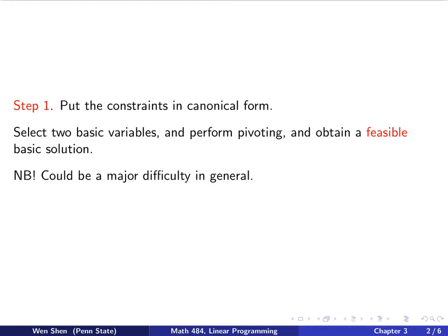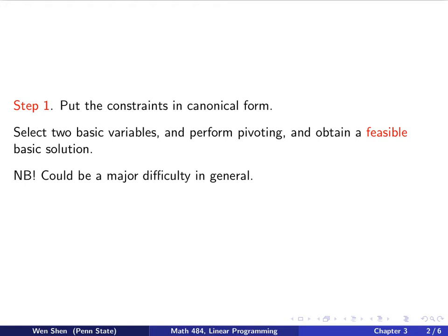The first step, we know from the discussion in the previous section, is that we need to put the constraints in a canonical form. Not only that, there are also restrictions. We need to choose two basic variables among all the variables.